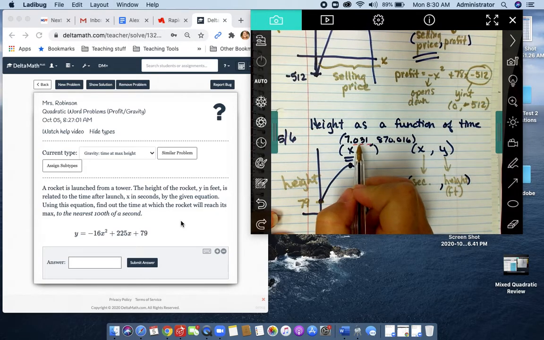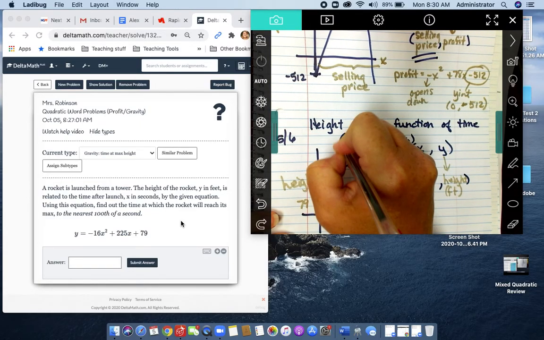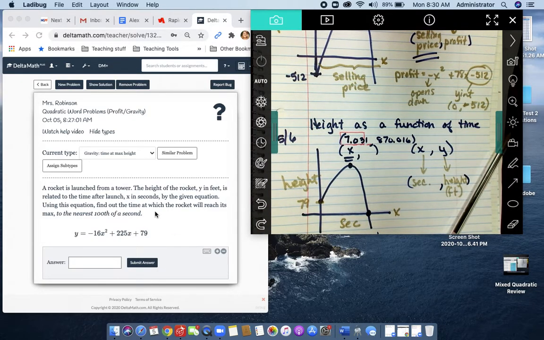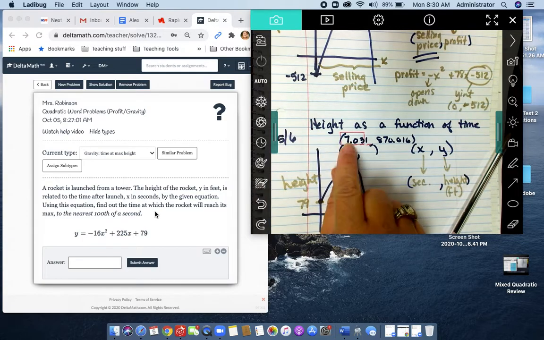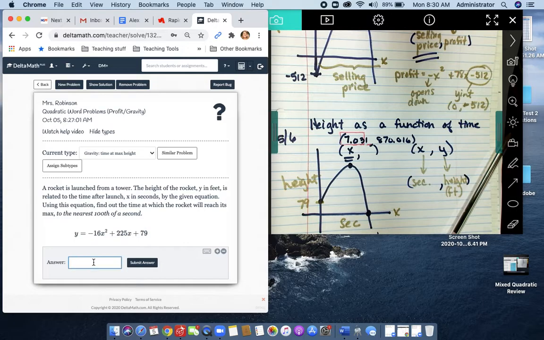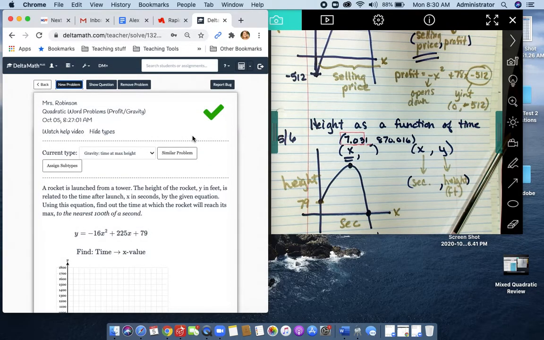So if I want hundredths of a second, that would be this number right here. And if this 1 was 5 or larger, the 3 would round up. So the nearest 100th would be the second number after the decimal. So I'm going to type in 7.03 and submit my answer. And that is correct.